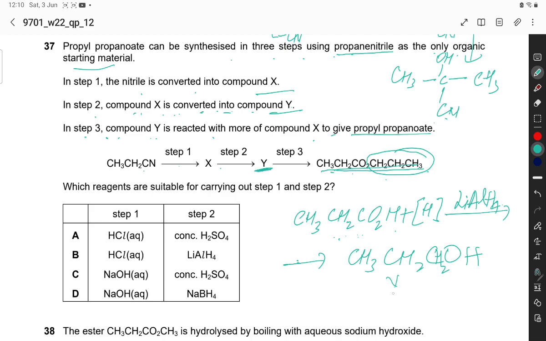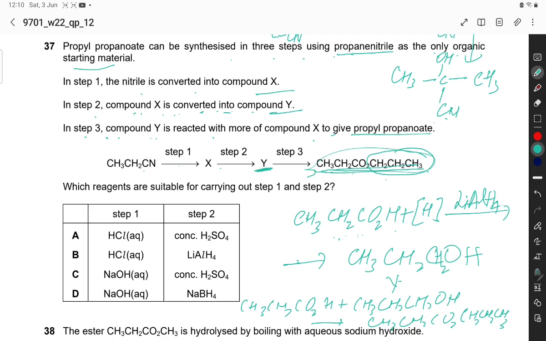This is Y, and when Y reacts with X, CH3CH2CO2H plus CH3CH2CH2OH, the ester CH3CH2CO2CH2CH2CH3 is formed. So this is the product.